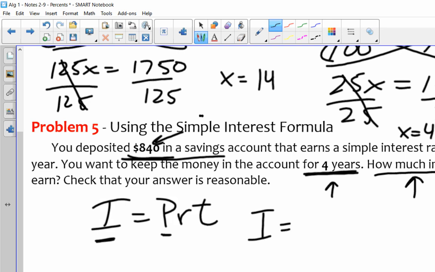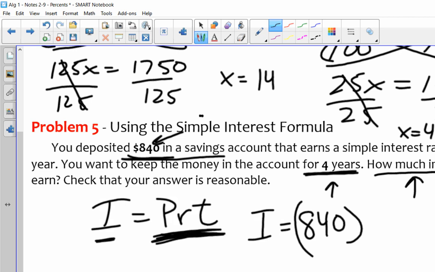Interest equals the principal, which was $840. I'm going to put it in parentheses because I'm really multiplying all 3 of these things together, so I want to make sure I'm separating them. I move the decimal place on the interest rate 2 places to the left, so I get that. Only 1 decimal place now.